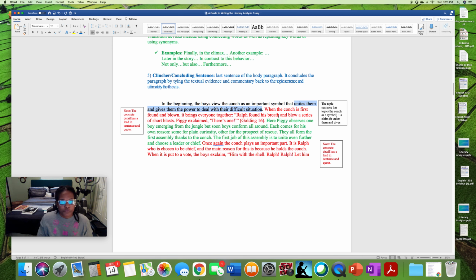For you, yours would be your thesis statement instead of the conch, because you're not writing over symbolism, you're writing over setting. So your subject would be the setting. The setting is important in the storm because you have to make a claim about the setting, because it shows something or it does something or it creates some type of situation for the characters.